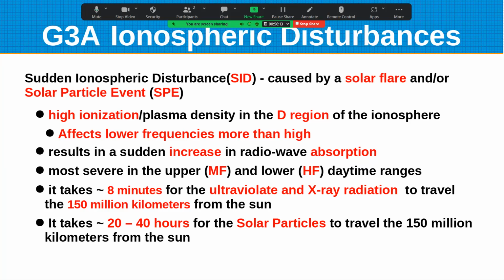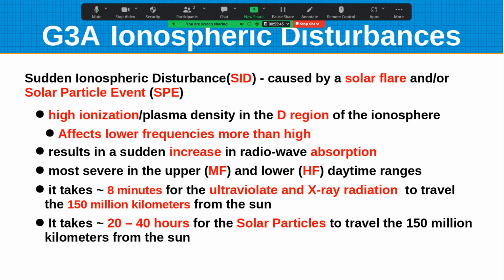It takes approximately 8 minutes for the high energy radiation, ultraviolet, X-rays, gamma rays, any of that wave ejections to get here from the sun. If you calculate, traveling at the speed of light for 150 million kilometers, it takes about 8 minutes.